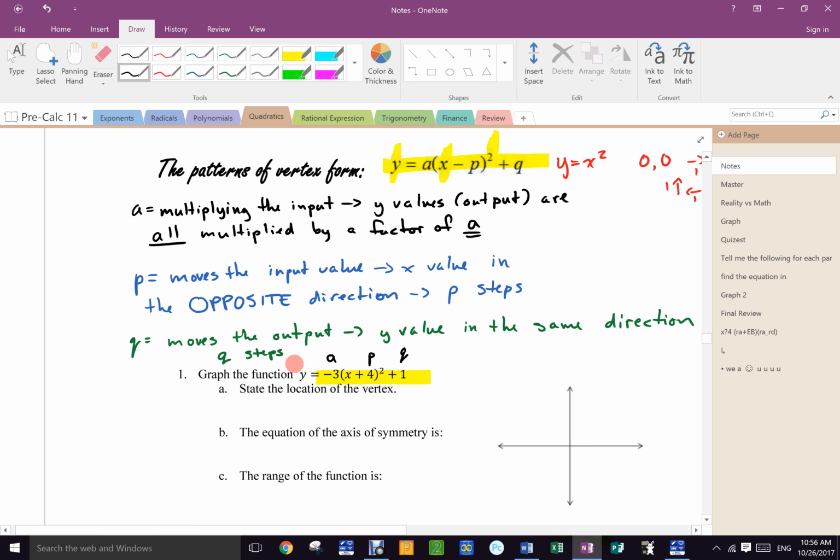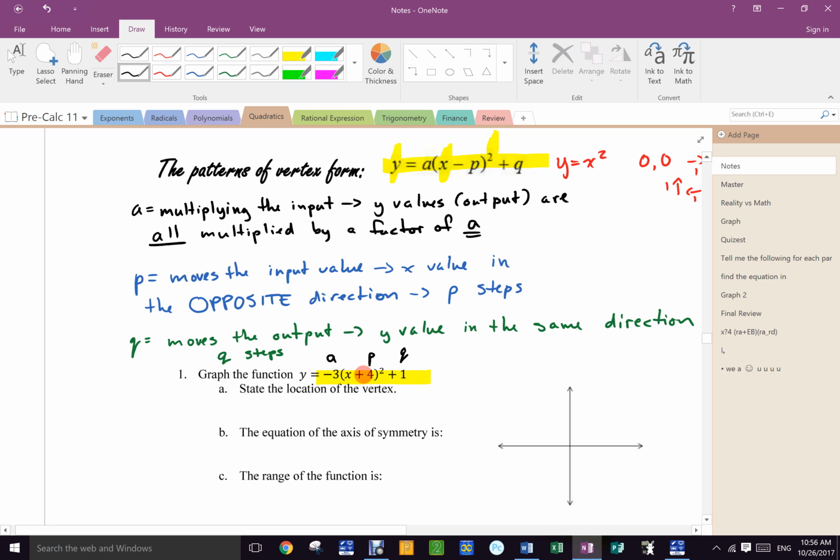But this is not a regular parabola, is it? P has shifted our vertex in what direction? Right or left? Left, because it's opposite sign, yes? So P moves x values 4 to the left. Correct?